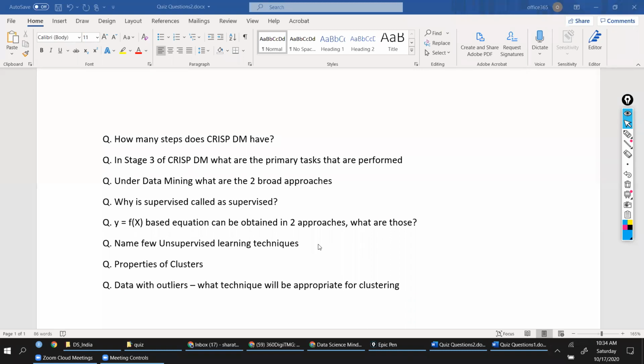We're talking about clustering. We're not talking about outlier treatment here. Remember? We're not speaking about outlier treatment. So K-medians or K-medoids.